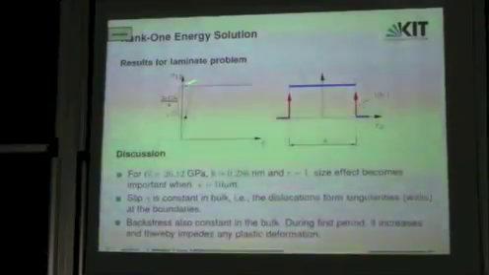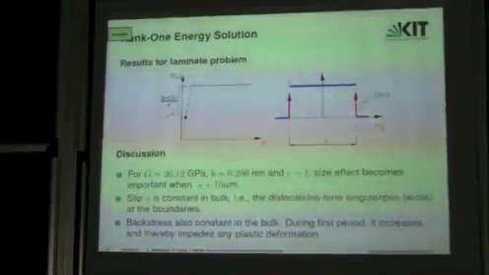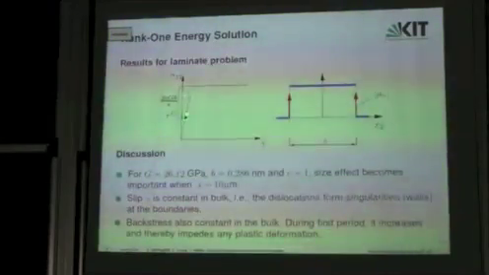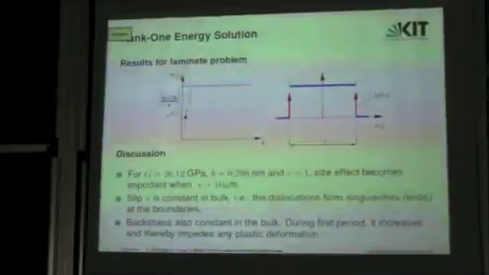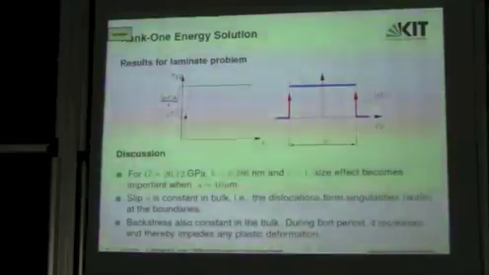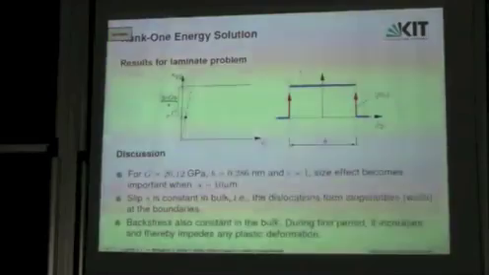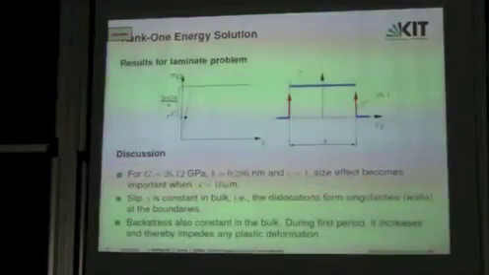And it shows that the overall yield stress of the laminate composite is not only dependent on the local critical resolved shear stress, but also on this delta, which scales like 1 over S. And S is here the width of the soft phase in the laminate material. So really, a little bit like the Hall-Petch effect, the smaller the microstructure of the material, the larger the effective, let's say, yield stress of the composite.